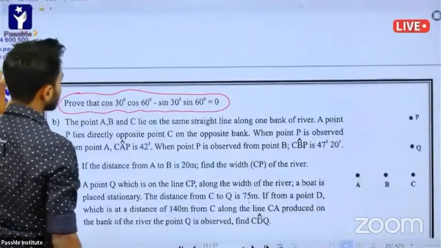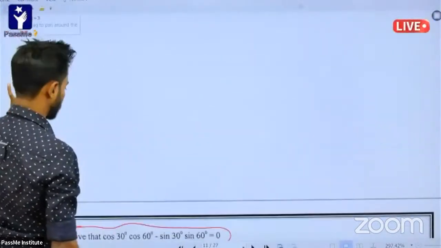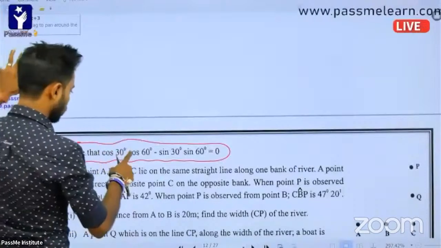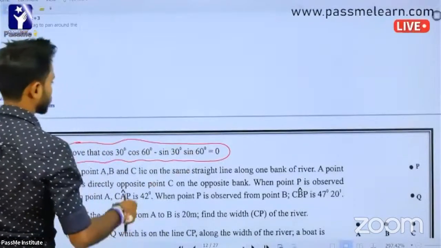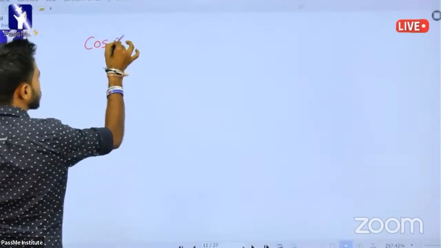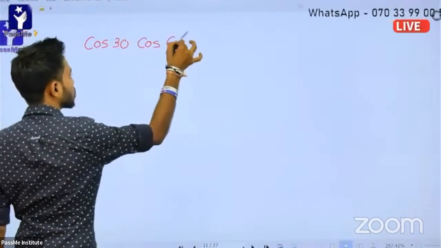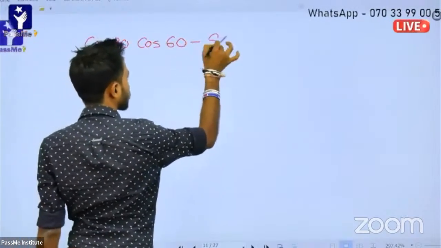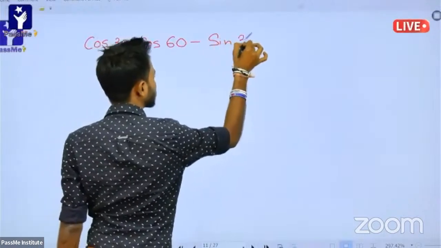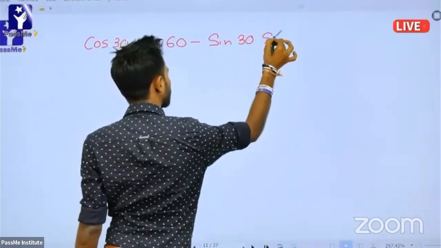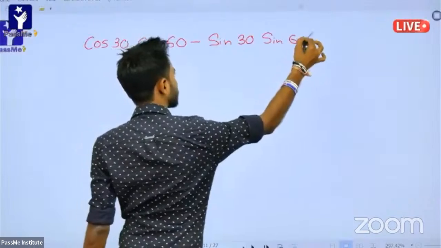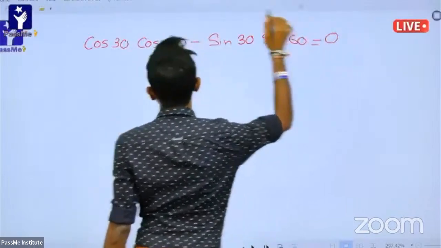So I will use the top space, right? Good. Now this is the question: cos 30 cos 60 minus sine 30 sine 60 is equal to 0.